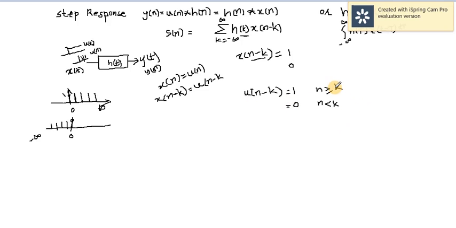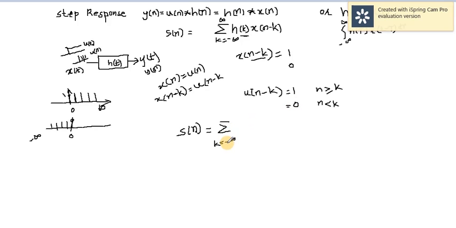So the condition for the existence of s of n: s of n is equal to the summation with k from minus infinity. Now what about the upper limit? If k takes the plus infinity value, it would be greater than n, and in those cases n is less than k and the value would be 0.